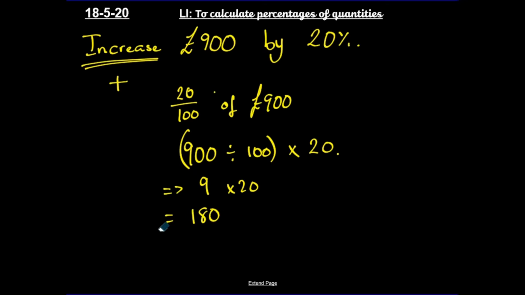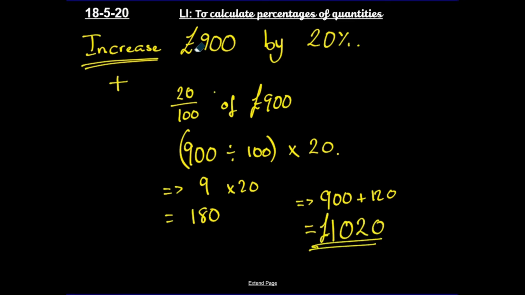And then to finish off, I need to increase £900 by this 20%. So therefore, it would be 900 plus 180 is my next step, which is equal to £1,020. Okay, so to increase £900 by 20% is £1,020.